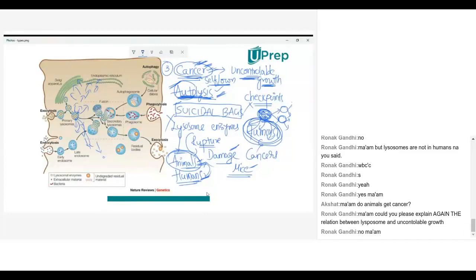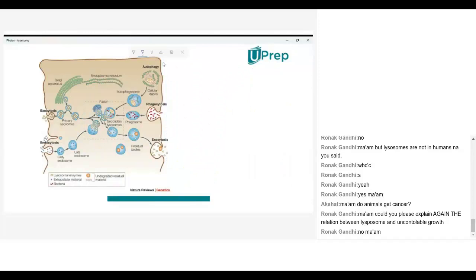If you understood this, then I can explain the lysosome connectivity. Now wait a minute, I'll just give another diagram. See, assume that this is a cell. How does cell growth happen?